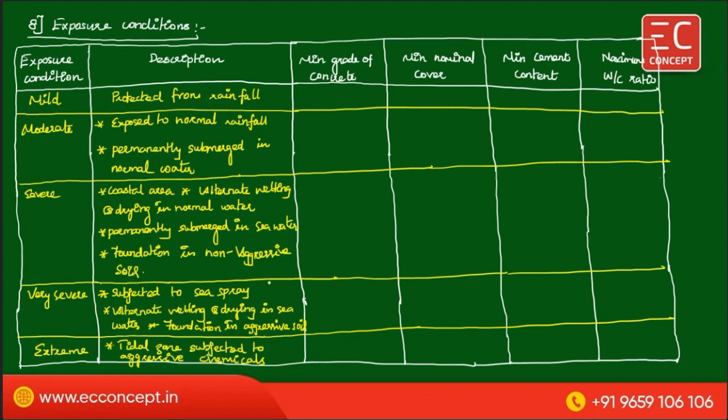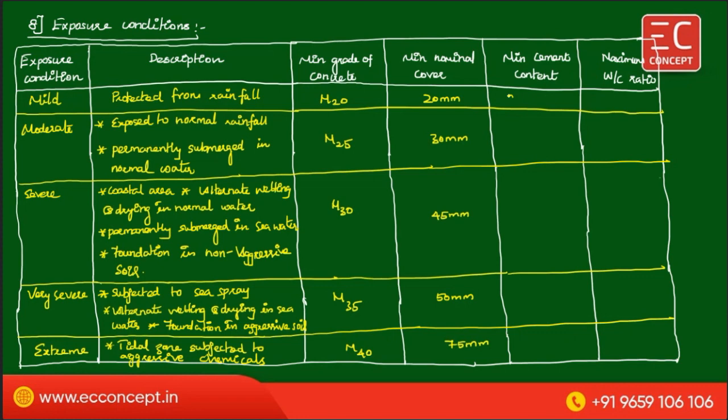Okay, and here we use M20 concrete, M25, M30, M35, and M40 concrete. The minimum cover is 20 mm, 30 mm, 45 mm, 50 mm, and 75 mm.